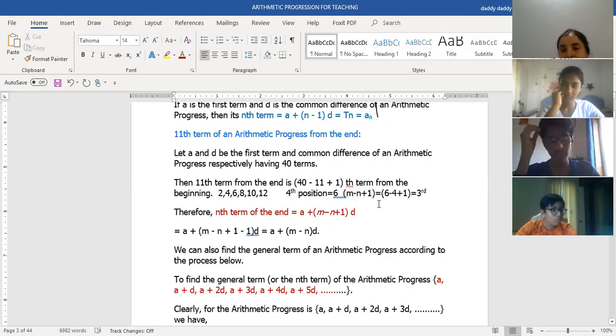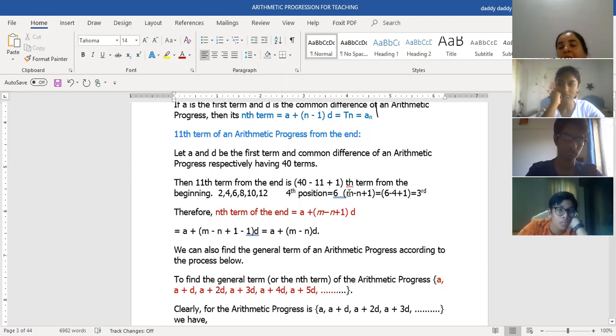What if there is an infinite series? No, that they will not ask. Then how will they ask? Infinite means the total number of terms are not finite. They are not fixed. Then what value will you put in place of m? So this kind of question will only come when you have a finite series, not infinite.